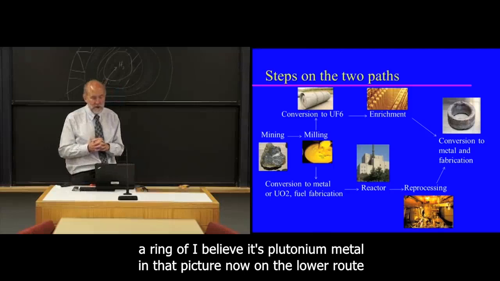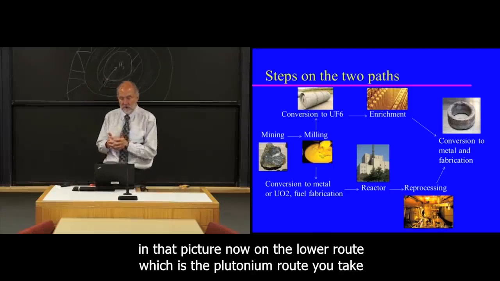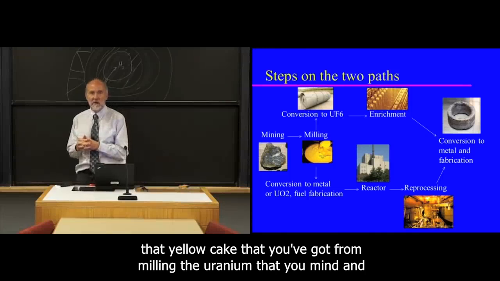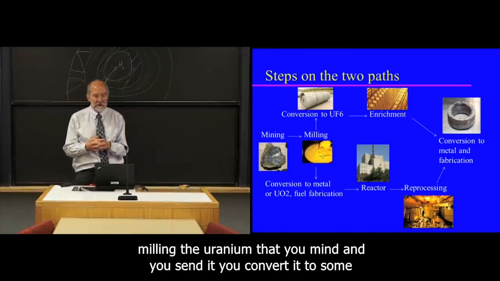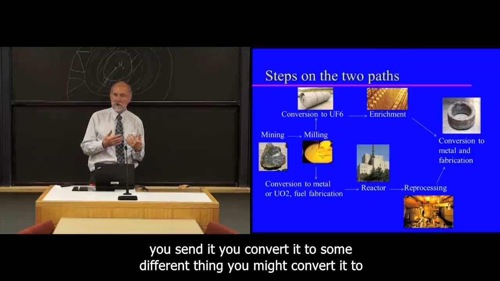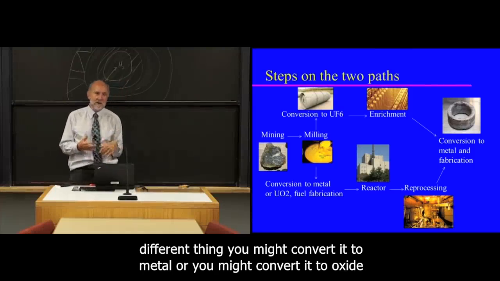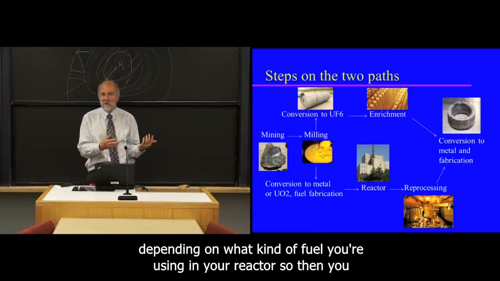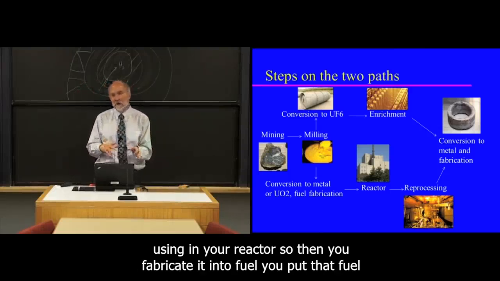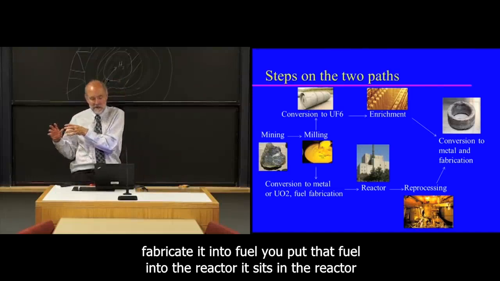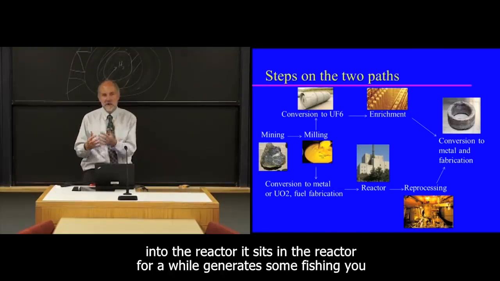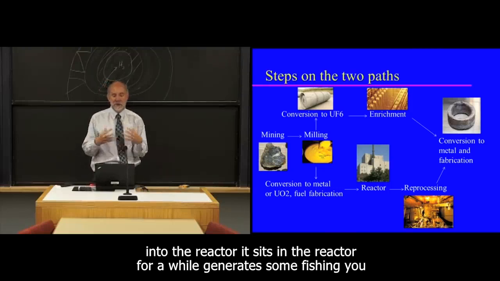Now on the lower route, which is the plutonium route, you take that yellow cake that you got from milling the uranium that you mined, and you convert it to some different thing. You might convert it to metal, or you might convert it to oxide, depending on what kind of fuel you're using in your reactor. So then you fabricate it into fuel, you put that fuel into the reactor, it sits in the reactor for a while, generates some fission.